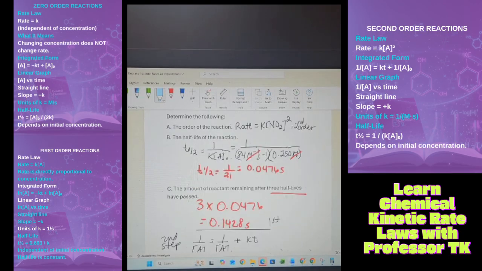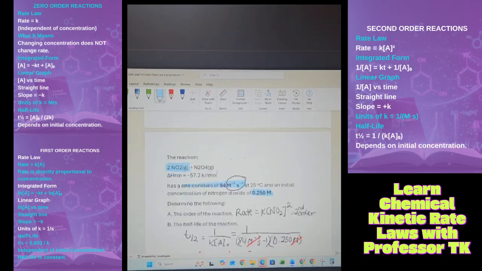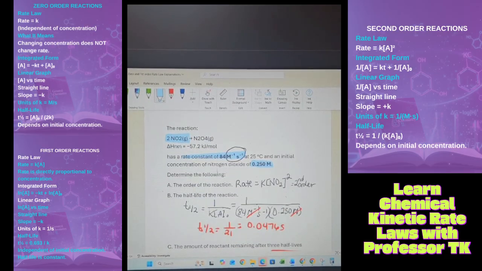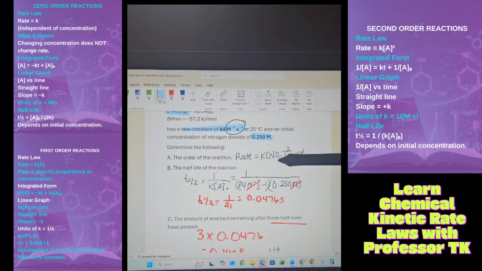To make it second order, yes. And also, what did they tell you in the problem? When you were dealing with your values here, the units told you the story.